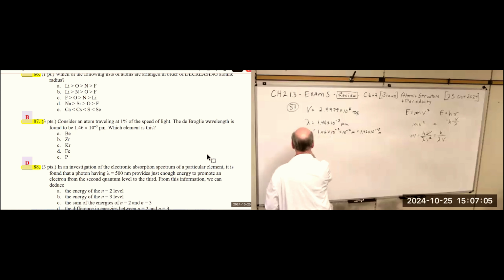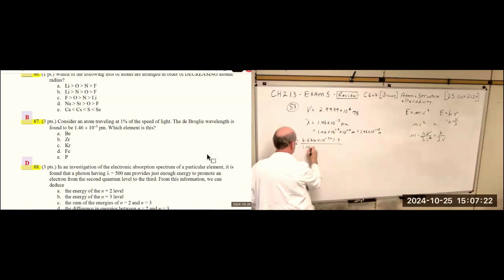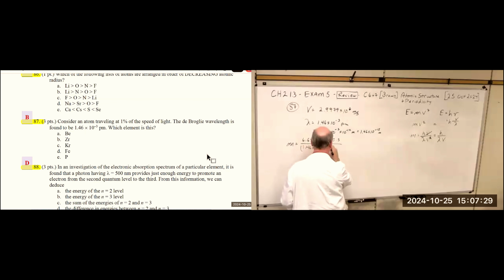Okay, so now if I want to find the mass, I say Planck's constant, 6.626 times 10 to the minus 34 joule seconds, divided by this wavelength in meters, 6 times 10 to the minus 15 meters. And then the velocity, 2.9979 times 10 to the 6th meters per second. There we go.